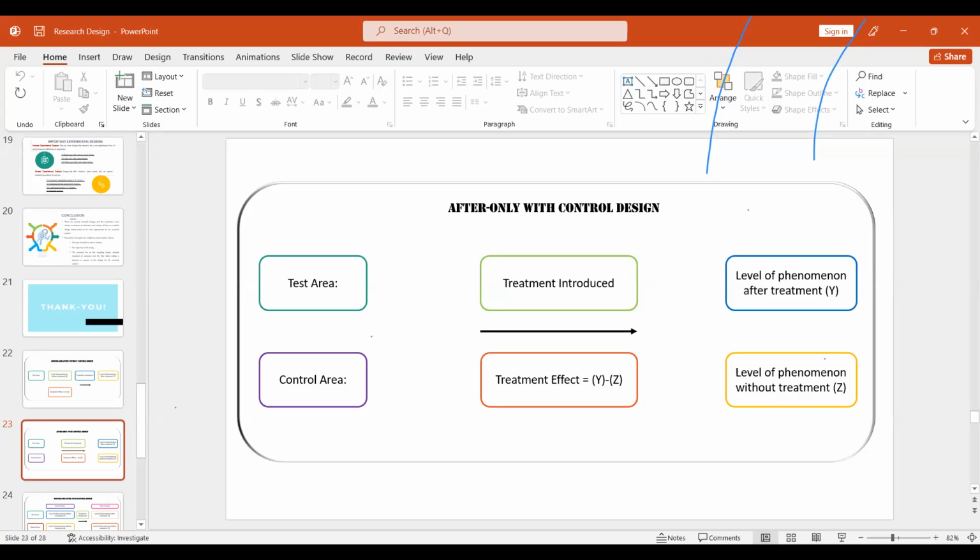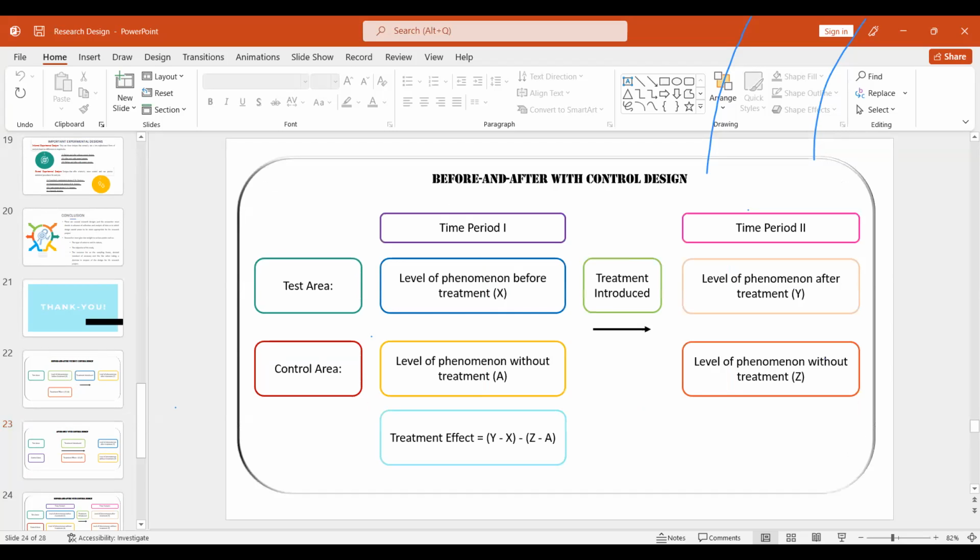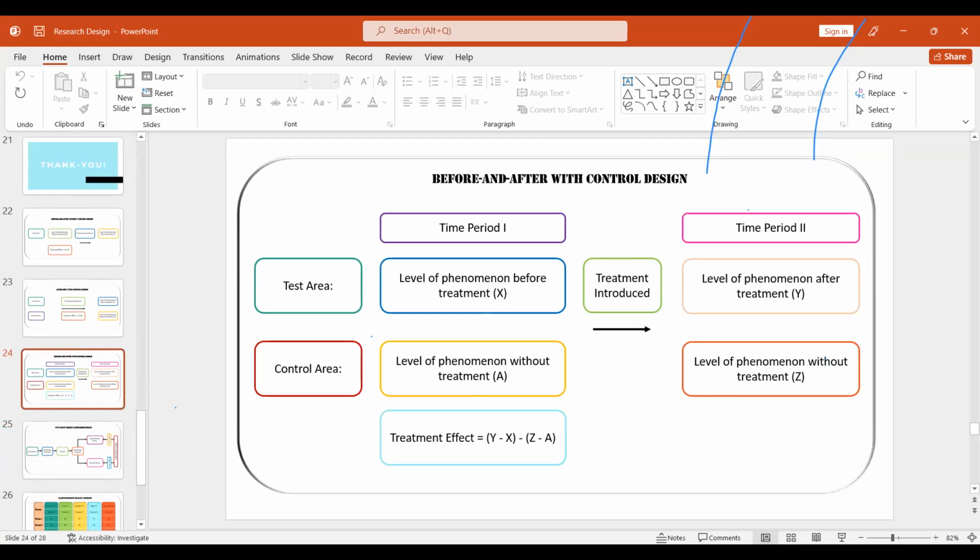Particularly, it happens in the case of designing experiments, but those experiments can be considered as informal designs.